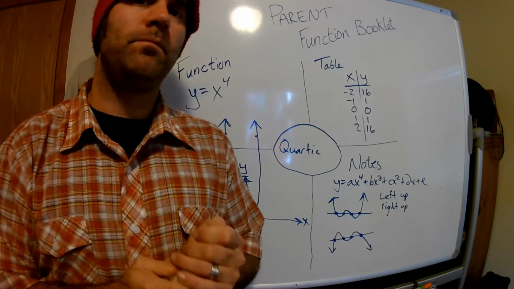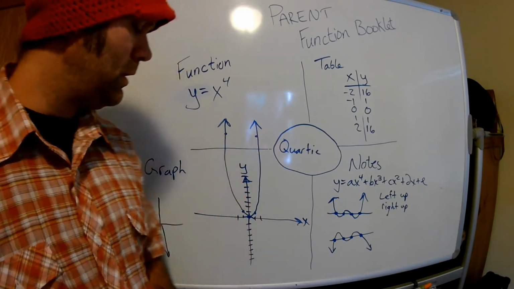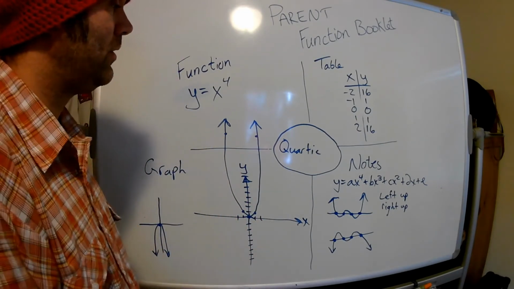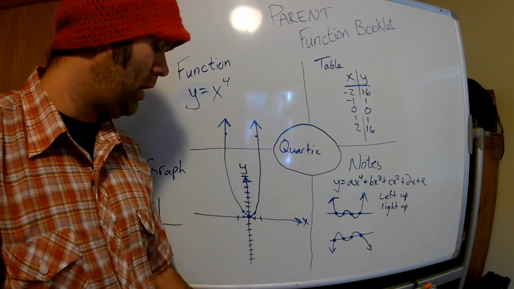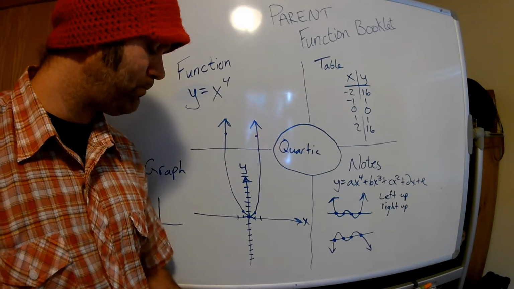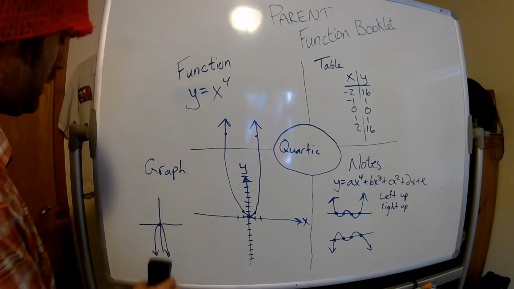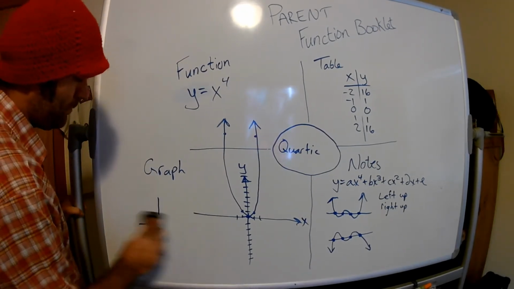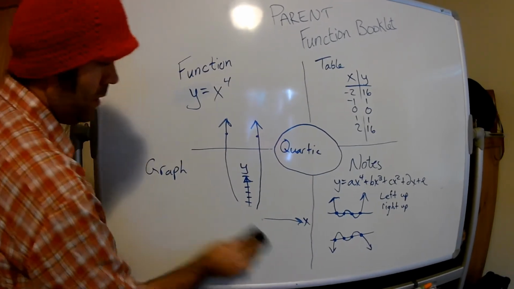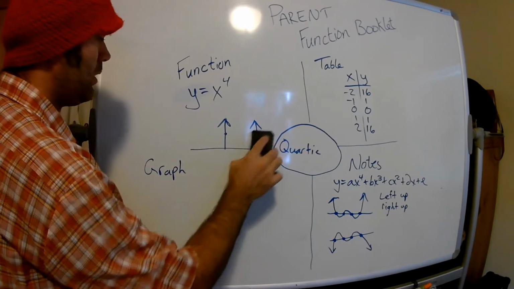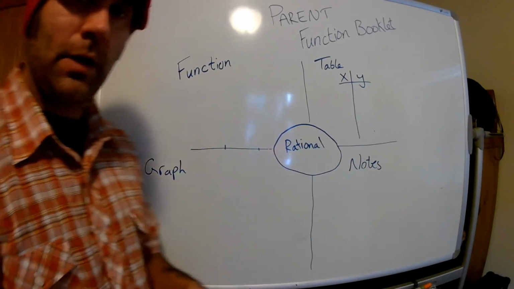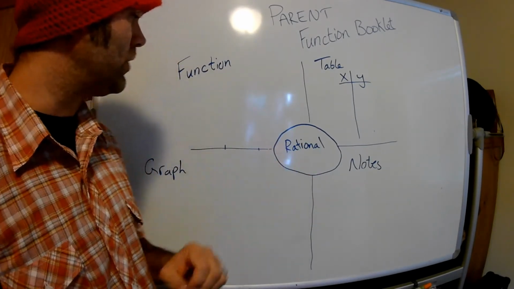All right, so let's go ahead and do one last one that I think is important. There's obviously tons and tons of functions, but we're going to look at each of these other functions as we get to them. But I do want to throw one more in. So we're going to go ahead and try the rational function here next.